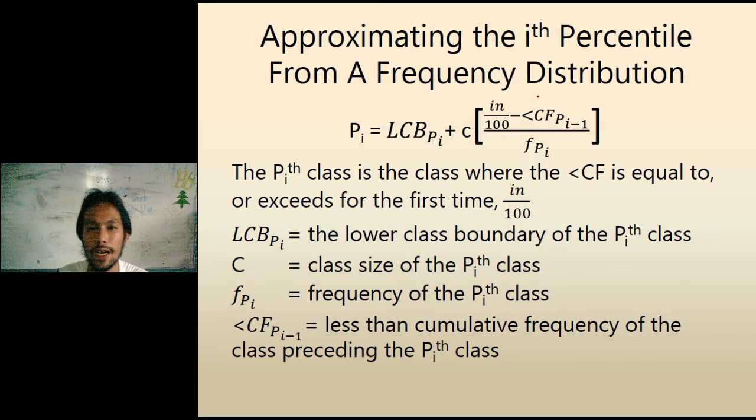So, atong isolve daan ang i times n over 100, pero makita na ang atong P sub i class. So, LCB, lower class boundary. Then, class size, ang C. Then, frequency of the P sub i class. Then, less than cumulative frequency of the class before.